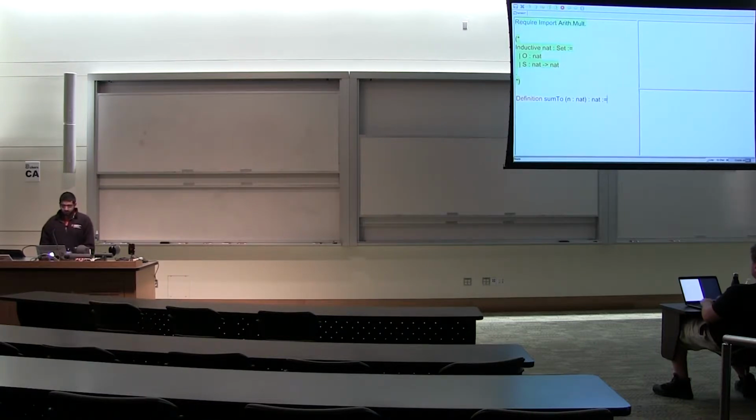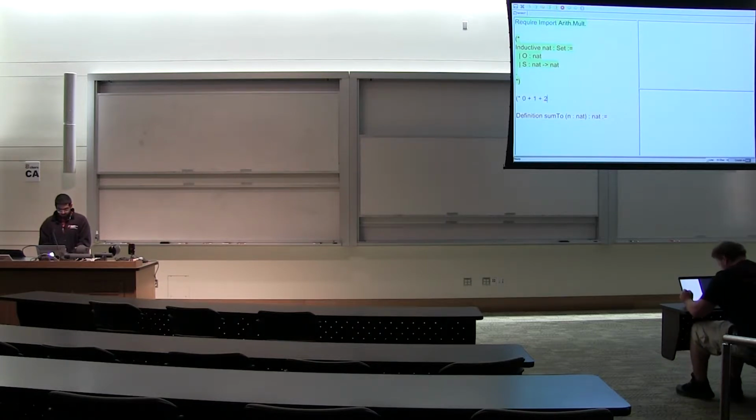We want to define a function that sums up to the natural number we give it, and it'll return a natural number. So we have our 0 plus 1 plus 2 plus 3 plus.